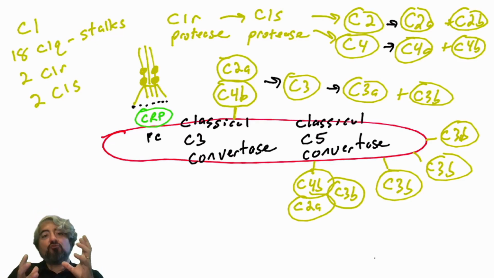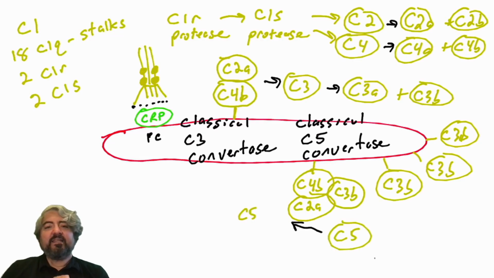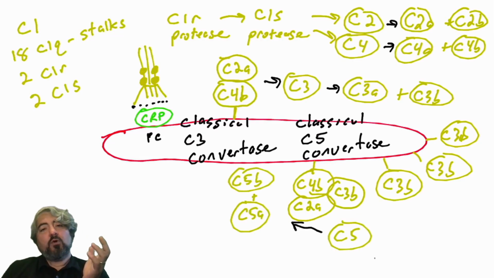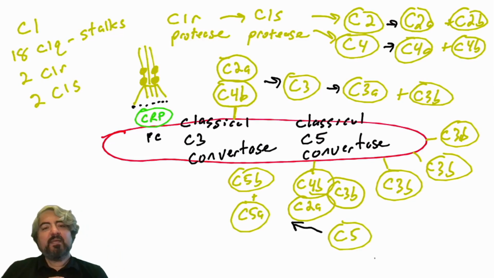So this tri-complex now functions as a C5 convertase. And you recall what the function of a C5 convertase is. It cleaves C5 into C5a and C5b. And what's that third effector function of complement activation?